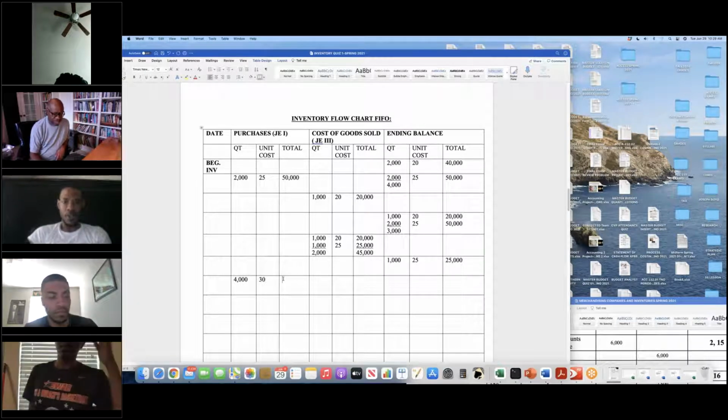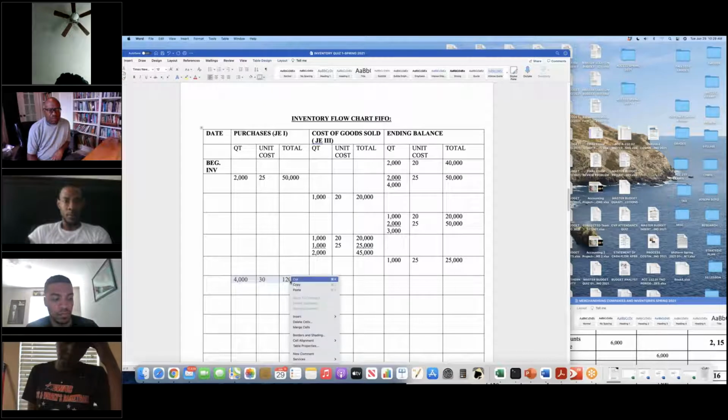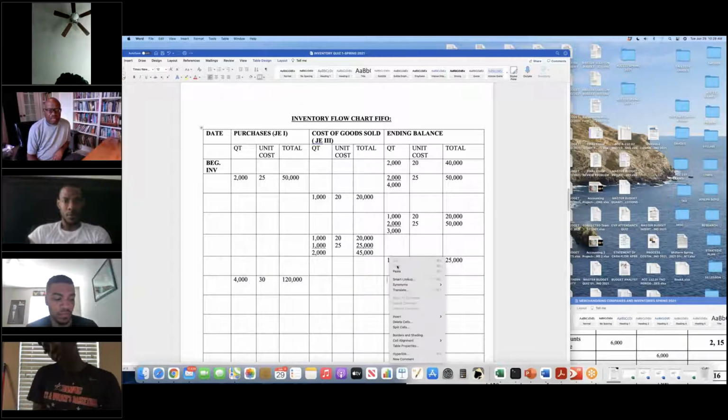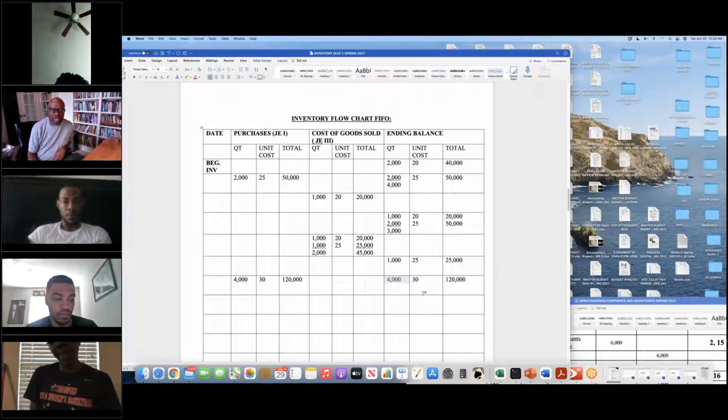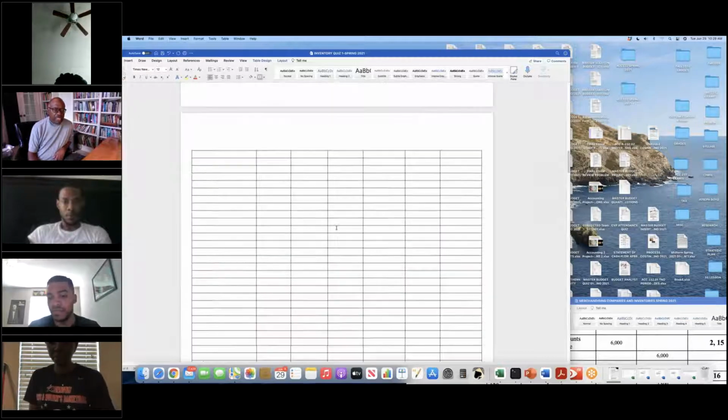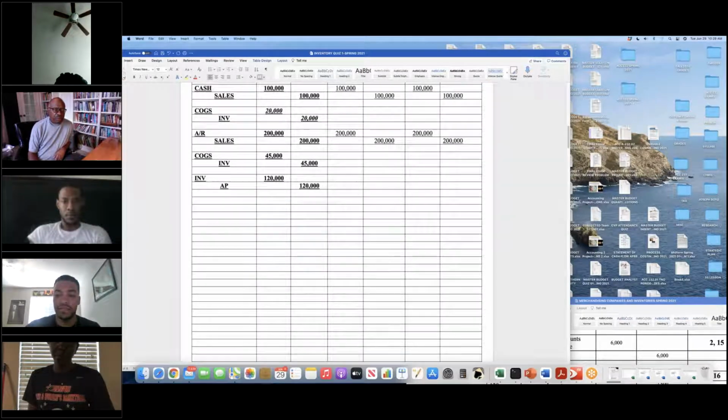So that's 120,000. And whenever we have a purchase, we transfer what's here to the total ending balance side. So now we have 1,000 at 25 and 4,000 at 30. And of course, that journal entry has been made.